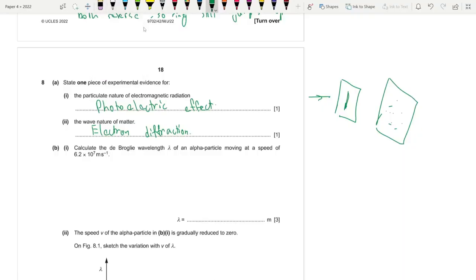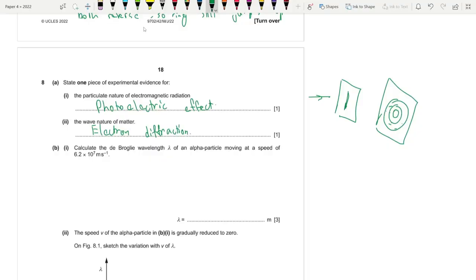Kind of like in the experiments of Young's double slit and the diffraction grating. Remember, we used to get specific patterns. So we actually get a pattern of concentric circles. This was completely atypical for particles like electrons. We were supposed to see particular spots where the screen lights up, but we see a specific pattern of concentric circles.